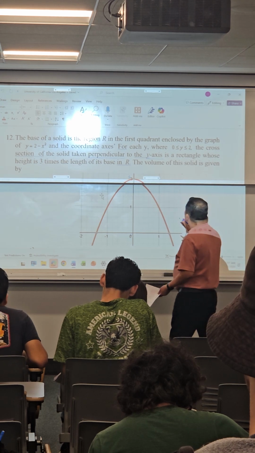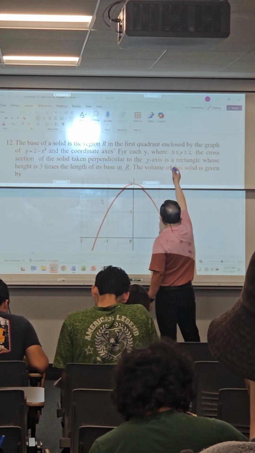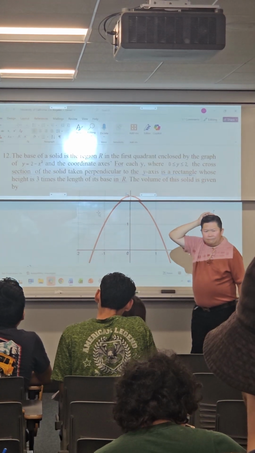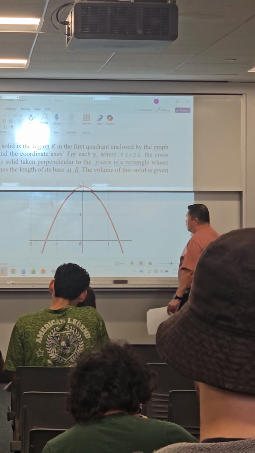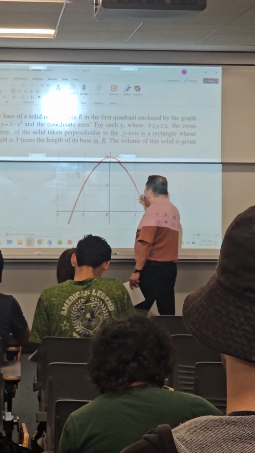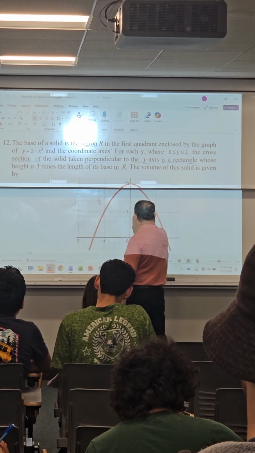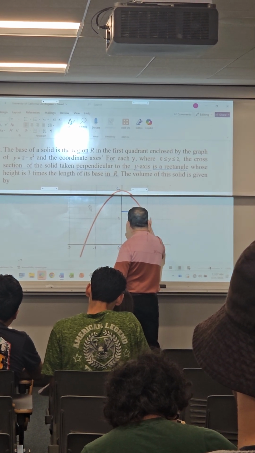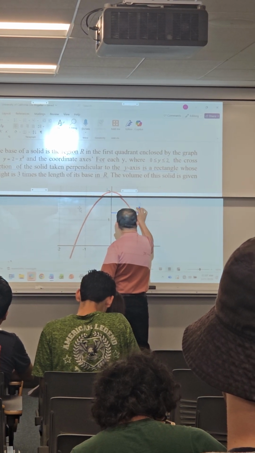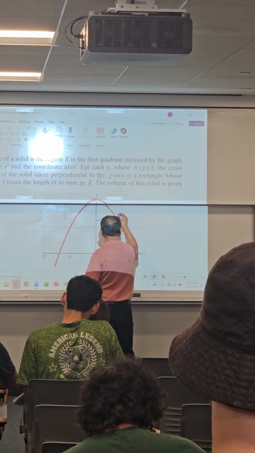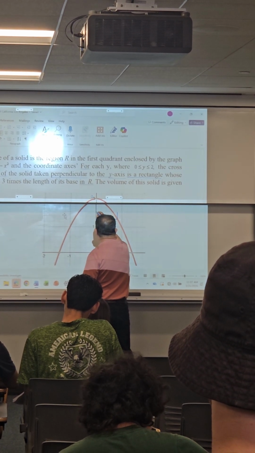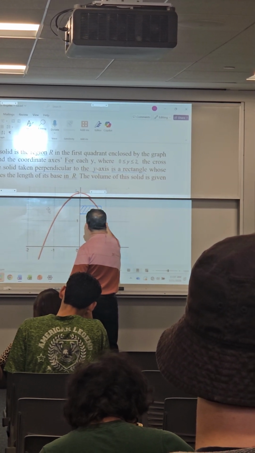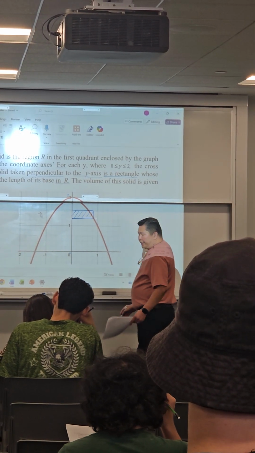What's next? Okay, it is a rectangle. Can you imagine a rectangle? What's the formula for a rectangle? Base times height. So that's a rectangle.